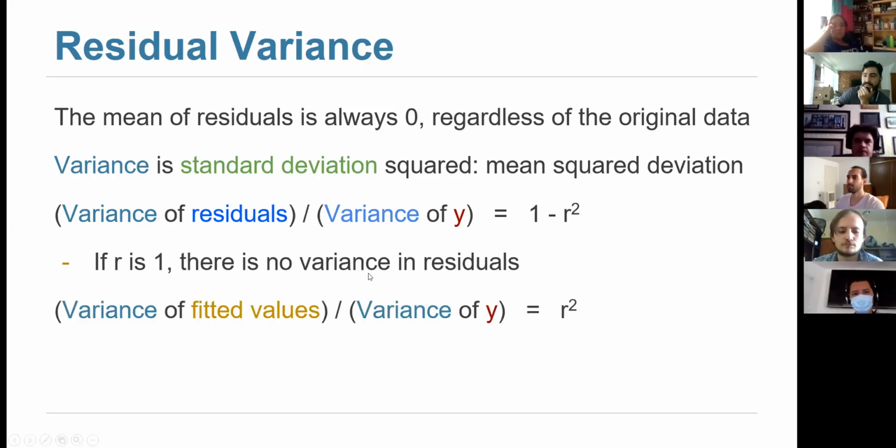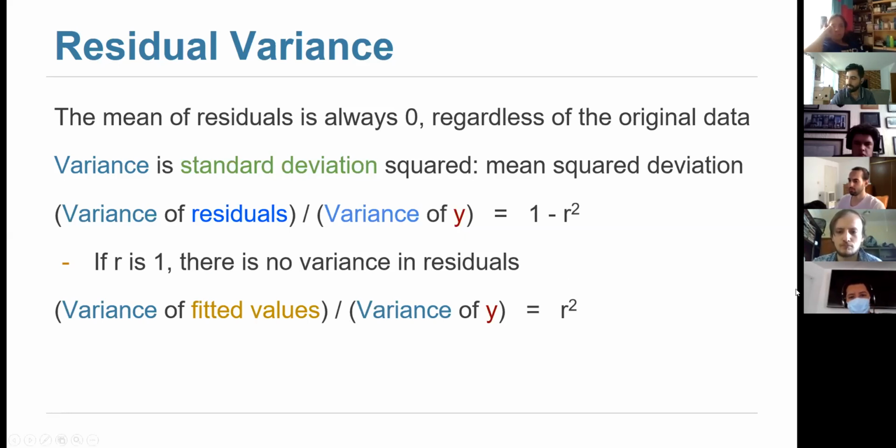So variance of fitted value, the fitted value, remember, was basically, I have all these dots, and I'm fitting this value on this regression line, right? For this particular part of the scatter plot. So variance of the fitted value divided by variance of y is equal to R2. So what can you conclude from this?